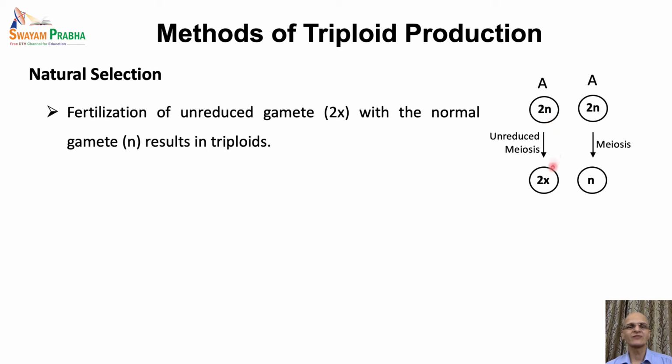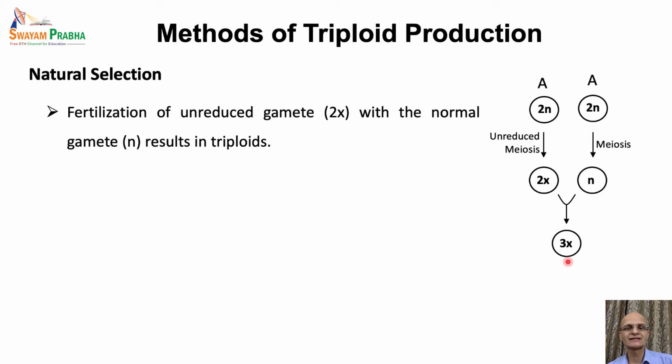So the ploidy level of these gametes would be the same as that of the body cells of the parent. So this gamete has two sets of chromosomes. When these unreduced gametes fertilize with a normal gamete, it will result in a triploid zygote that will develop into a triploid plant.